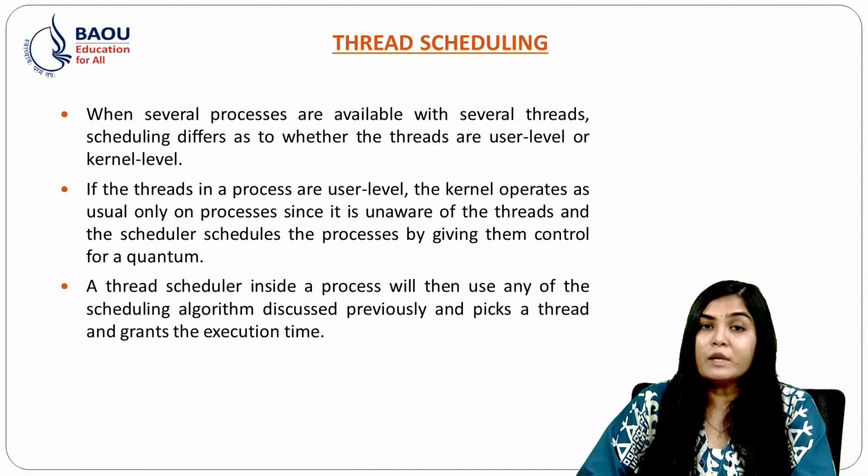When several processes are available with several threads, scheduling differs as to whether the threads are user level or kernel level. So, if threads in a process are user level, the kernel operates as usual only on process since it is unaware of the threads, and the scheduler schedules the processes by giving them control for a quantum.